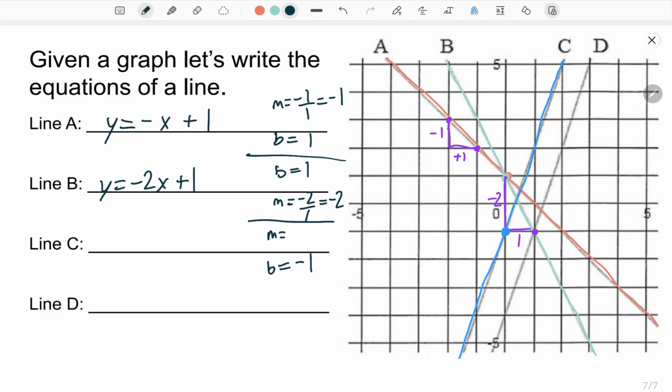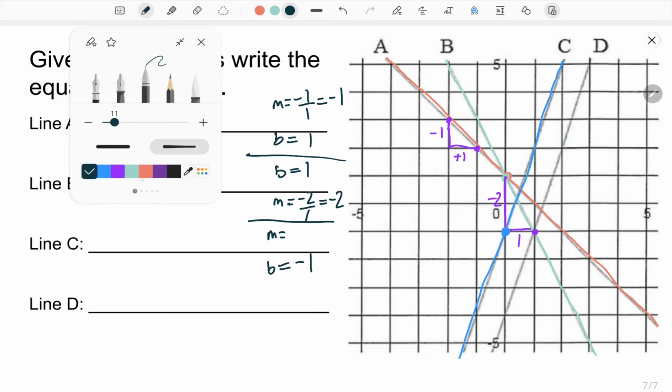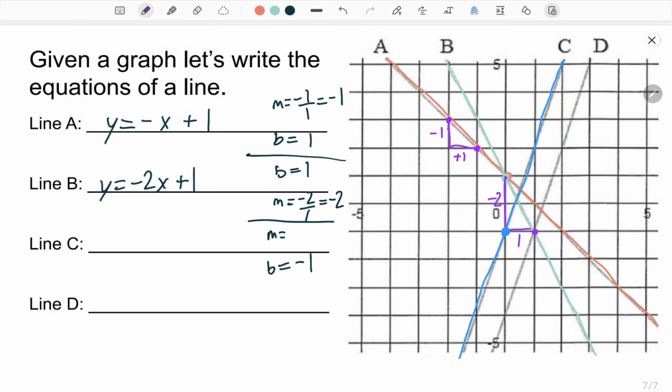Well, let's find out. So for the slope, I'm going to use a darker purple. We'll start here, and you can see the next point that neatly aligns with grid points is there. In this case we go up 3 units and then across 1.